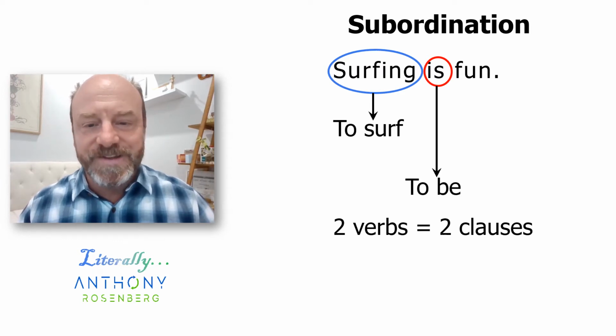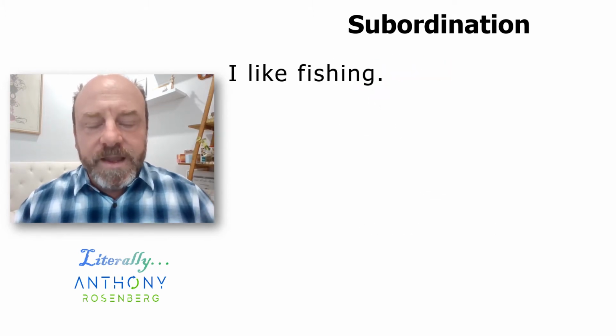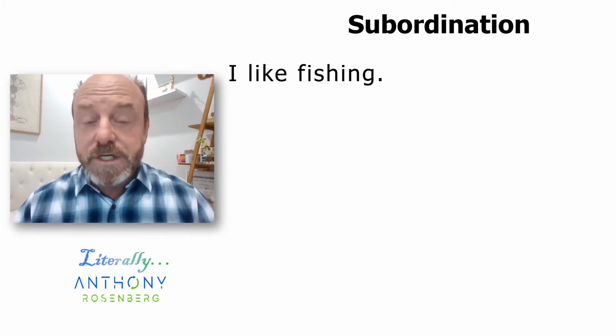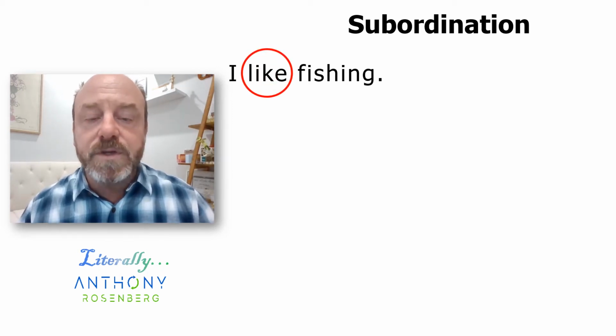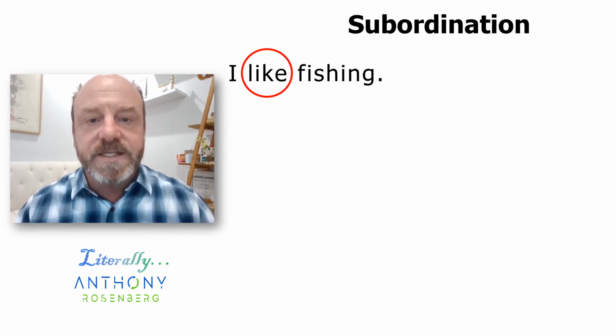So if we have two verbs, then we have two clauses. Got it? All right, let's have a look at some others that are a little bit misleading. So, I like fishing. If you think back to what we just looked at for surfing, it would suggest that fishing is a verb. And you would be right. Now, I'm going to use different colors here. Red, I'm always going to use red to show our independent clause. So through the rest of this post, we want to remember that red means it's our independent clause.